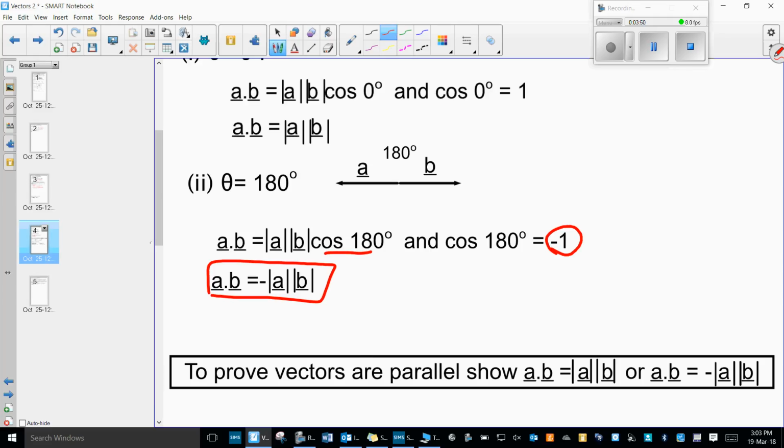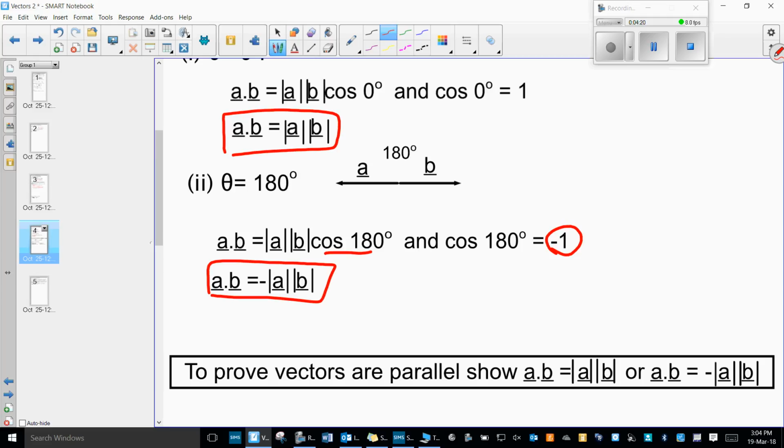Now, this is the reason that this one is not as common as finding when they're perpendicular. So it's either equal to this or this. Essentially, if the lengths of the two vectors multiplied together is equal to the dot product or the negative version of it, then they would be parallel.